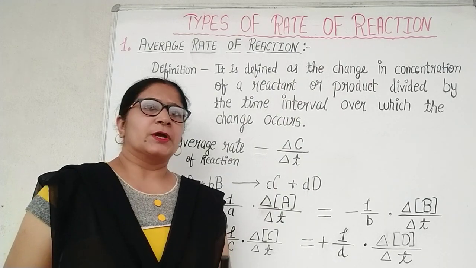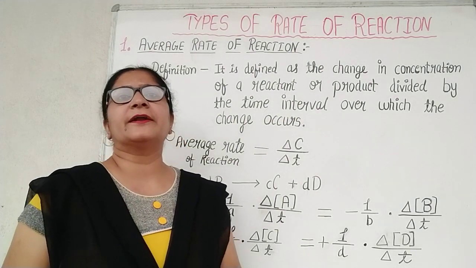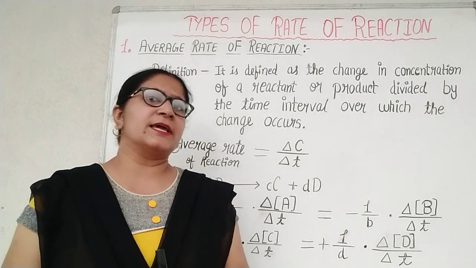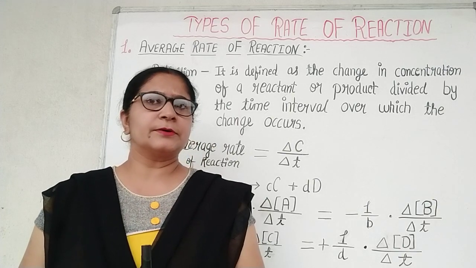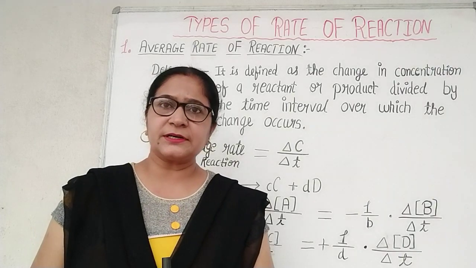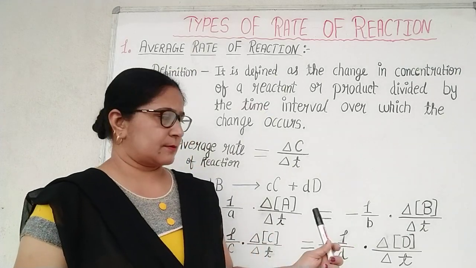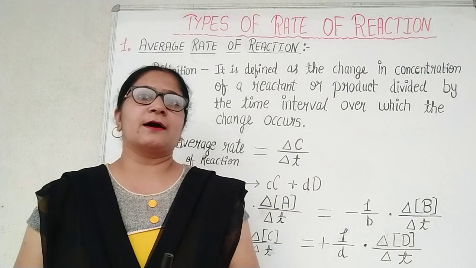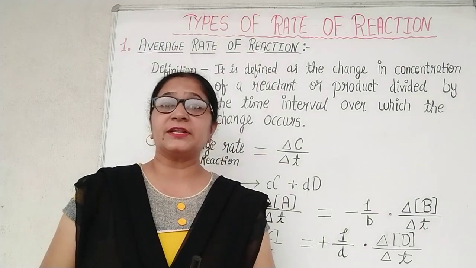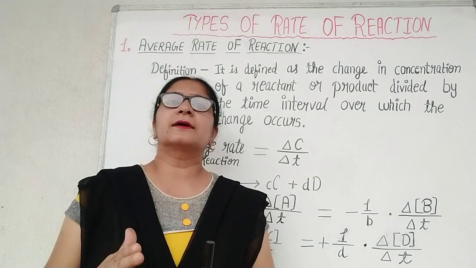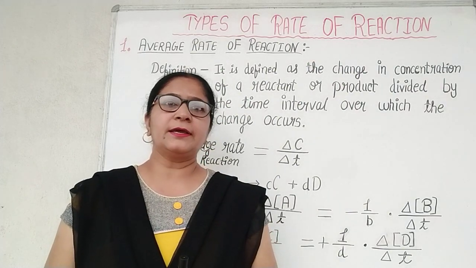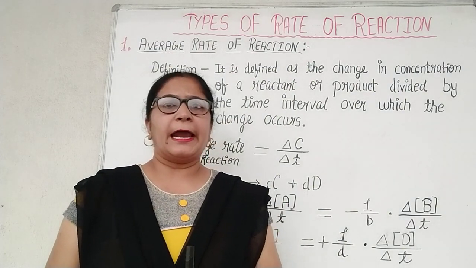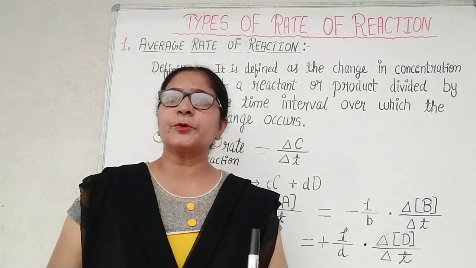So this is how we calculate the average rate of reaction, and it is the most important thing to write for this reaction. We should represent it by delta. This delta is the difference between the initial and final concentration, and likewise between the initial and final time, and it is the same for the product also.